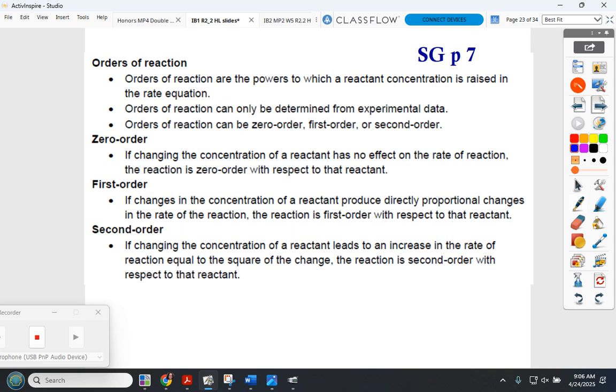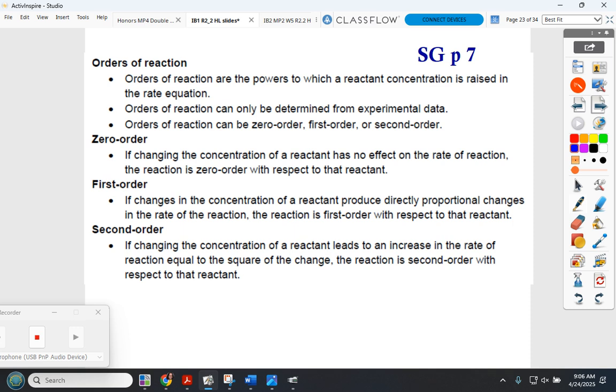Okay. In a zero order reaction, or a zero order with respect to one of the reactants, that means that changing the concentration has absolutely no effect on the rate of the reaction. We could double the concentration and it wouldn't matter.